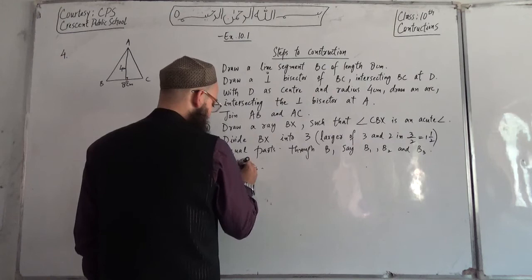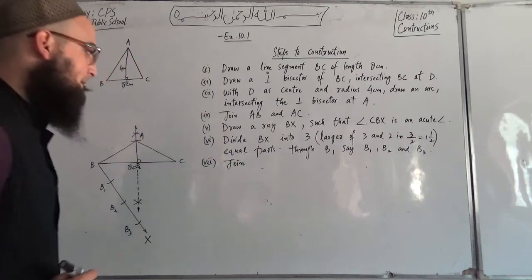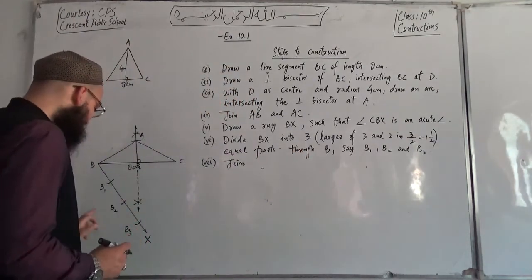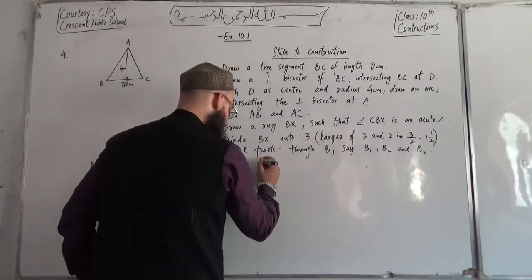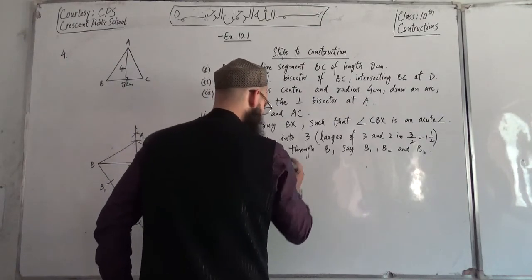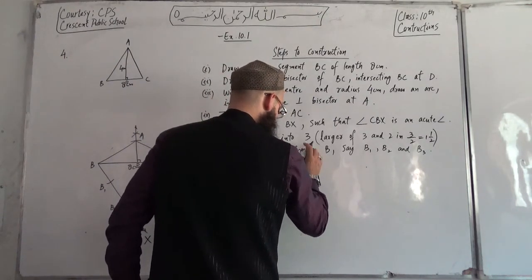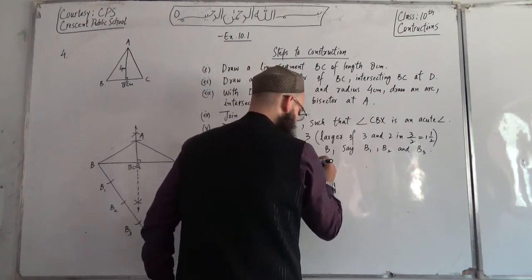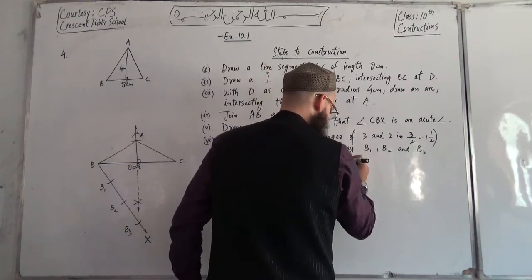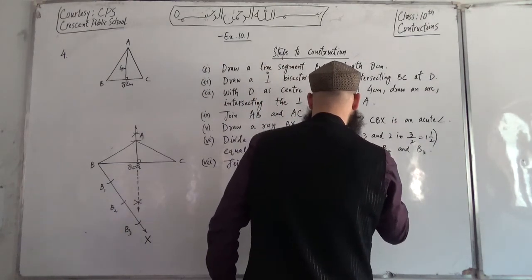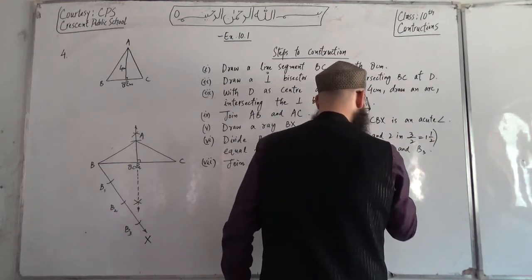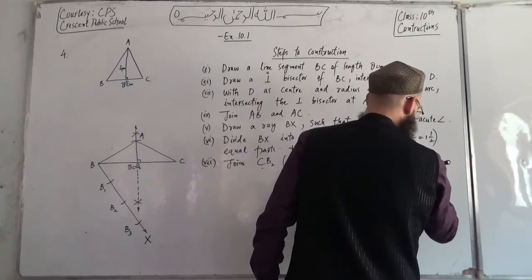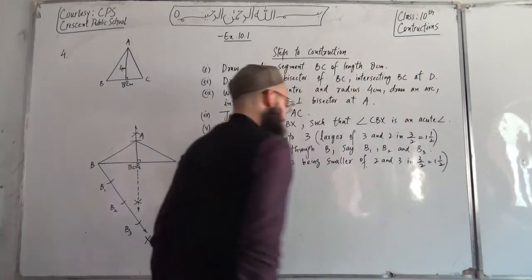So join CB2. Why B2? Because smaller. Got the reason?